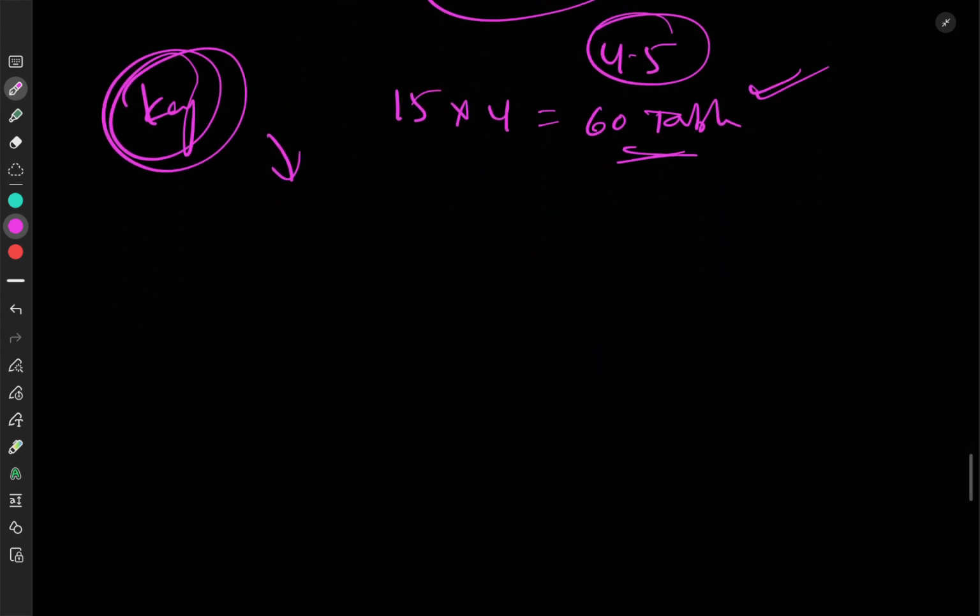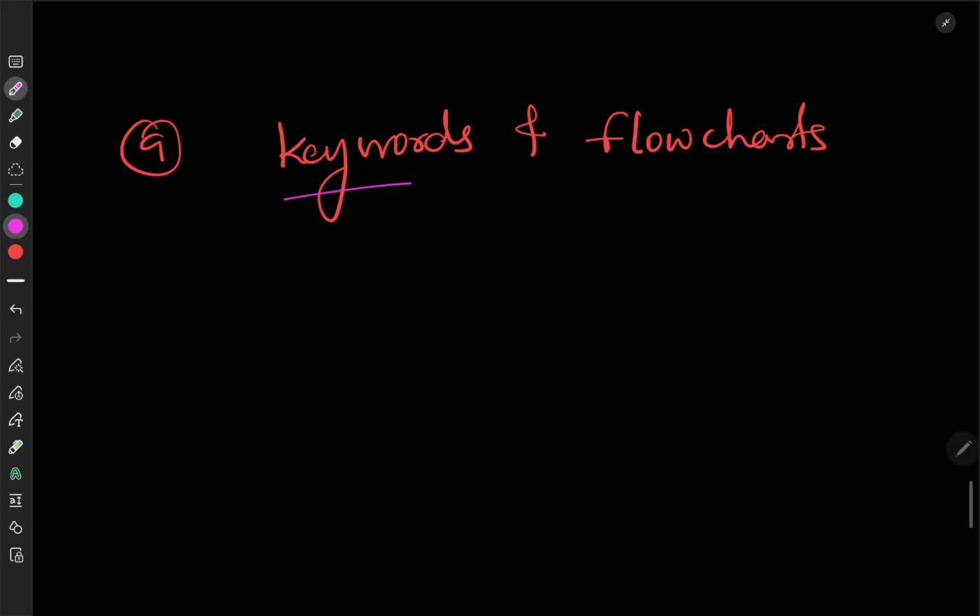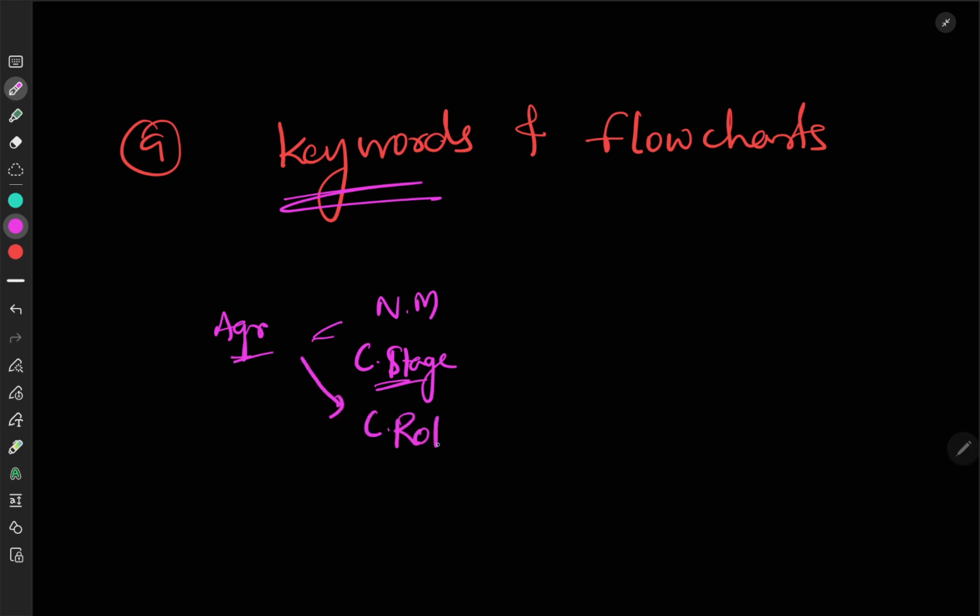Moving to the ninth point, that is keywords and flowcharts. Every subject has some signature keywords. If you take any subject, GS1, GS2, GS3, GS4, or optional, ethics or essay, it is the same method. For example, in agronomy: nutrient mobility, critical stages for irrigation, and crop rotation.